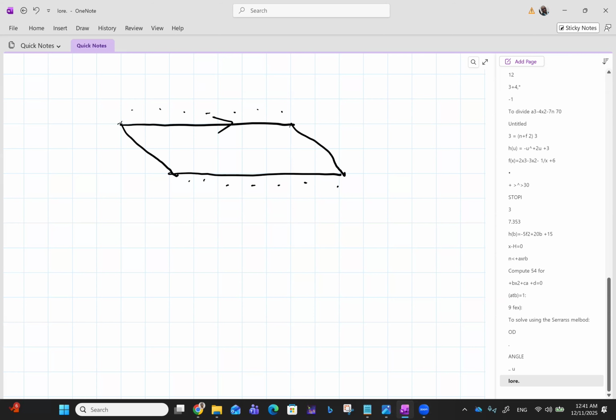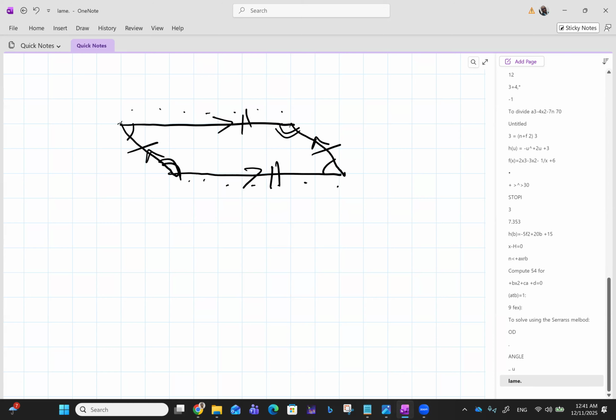You see, this side is parallel to this side. This side is also parallel to this side. This side is equal to this side, and this side is equal to this side. Then this angle here is equal to this angle. That's the bigger angle, so I can give it two strokes. This angle is equal to this angle. That's basically what a parallelogram is.